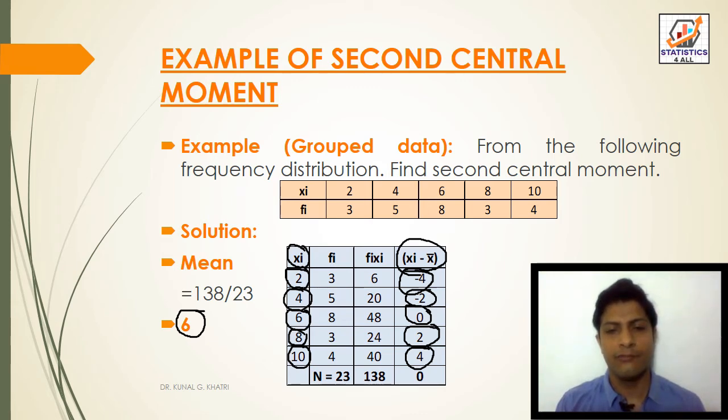Now we have to find the total of xi minus x bar, that is equal to 0.